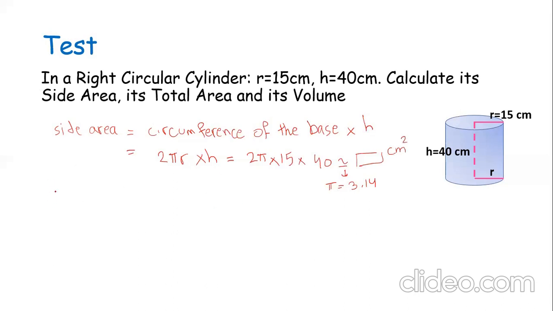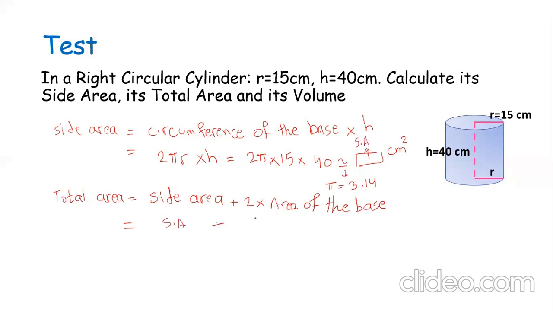Now the total area, as we have seen, is the side area plus 2 times the area of the base. That is the side area that we have computed here, let's call this SA, plus 2 multiplied by the area of the base.